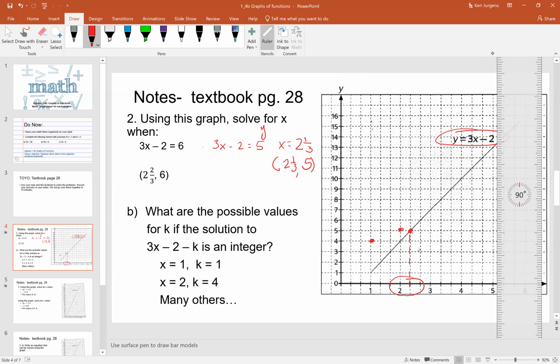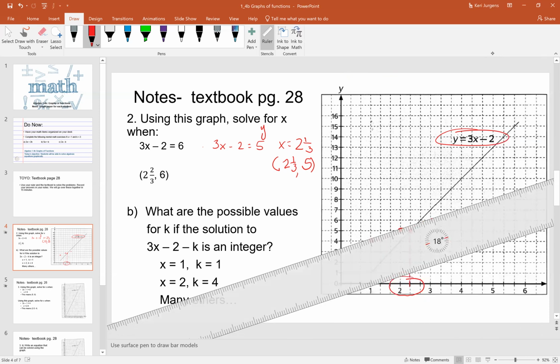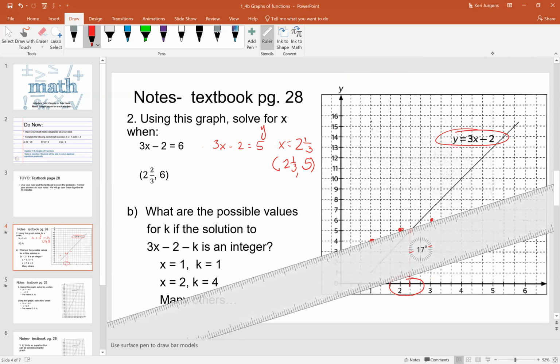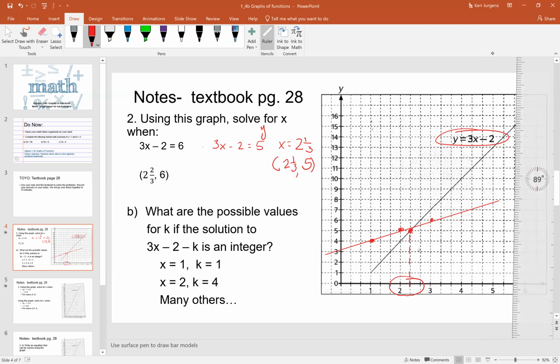It would look like this, x is 3, y is 6. They would make a line. And that line would be called a function. That's what that function would look like. We're just dealing with a more complicated function right now when we say that y equals 3x minus 2.